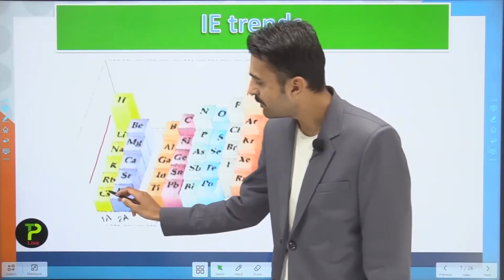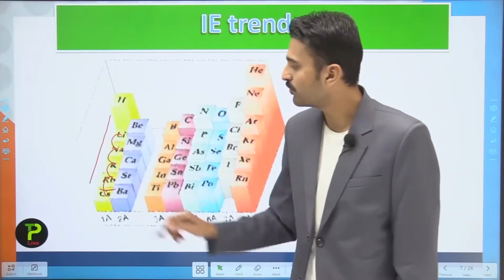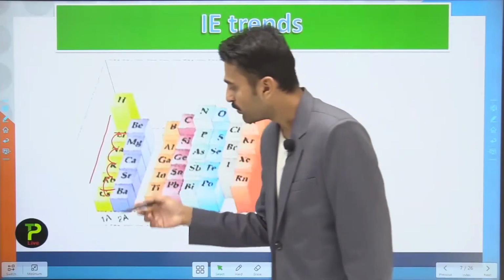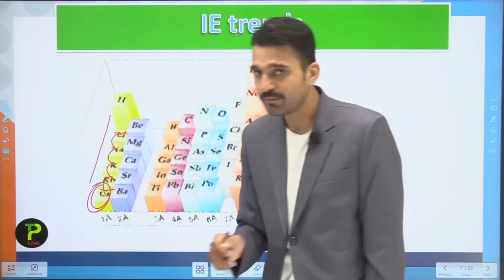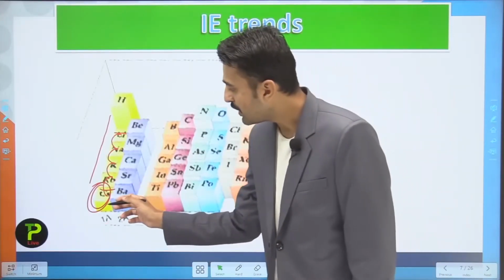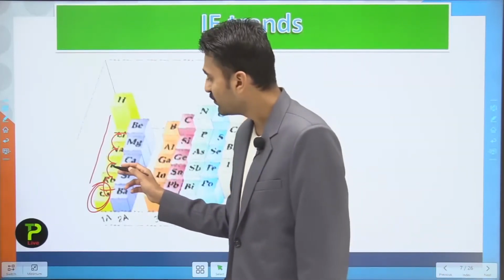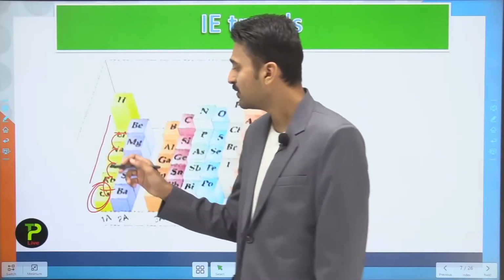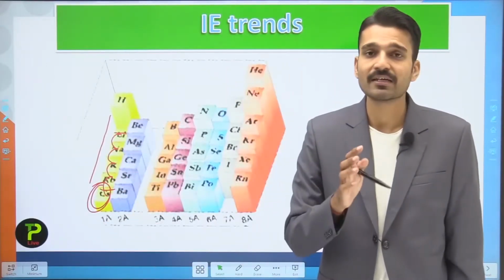You can see that there are steps as we move from bottom to the top in a group. Here the least ionization energy among the alkali metals is for cesium, rubidium has a higher ionization energy, potassium is more, sodium is also more, and lithium has the greatest energy among the alkali metals.